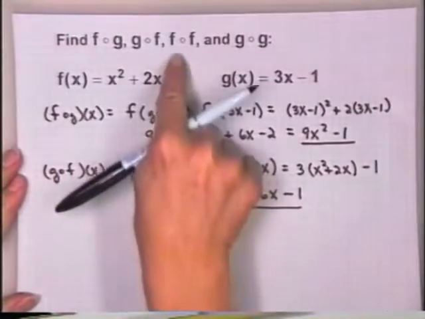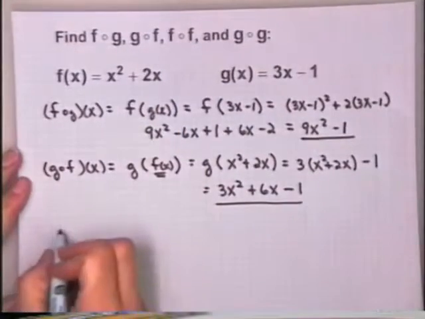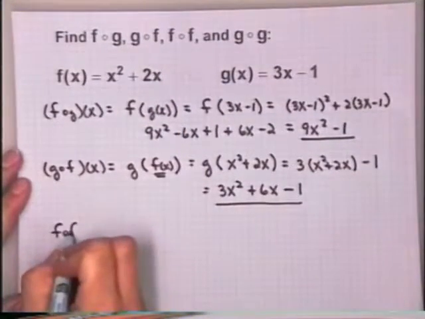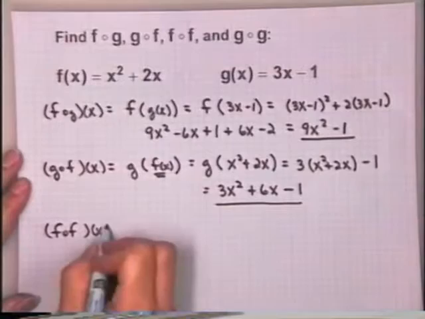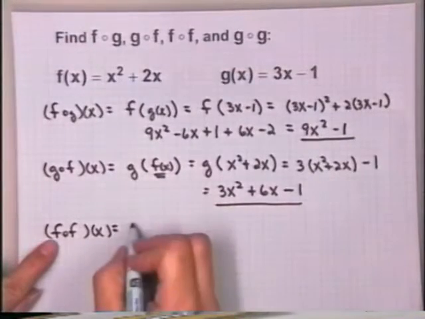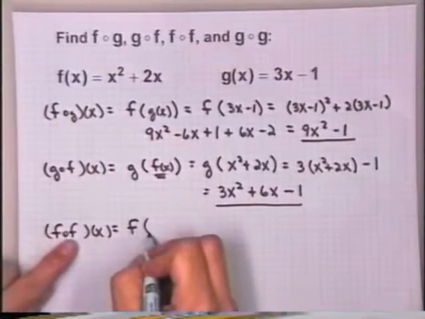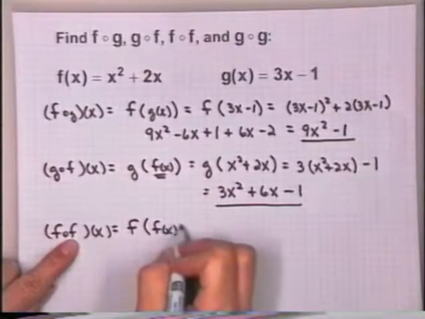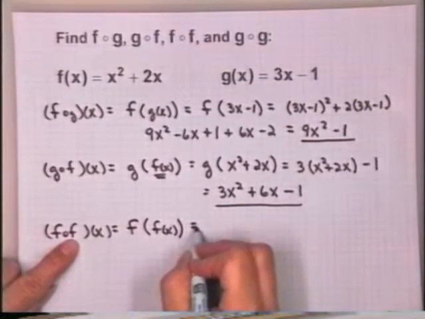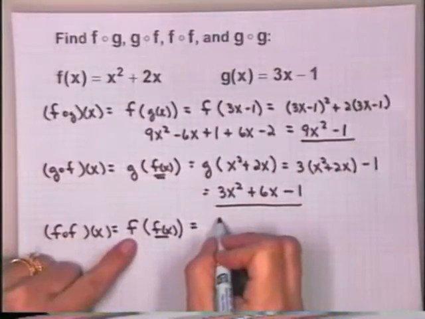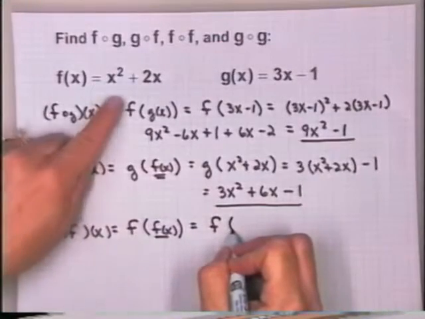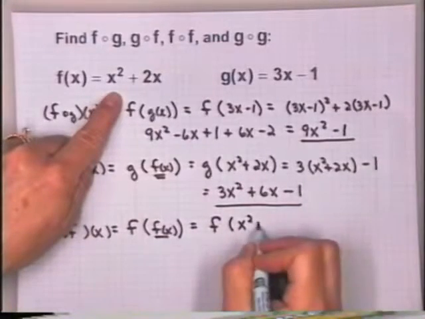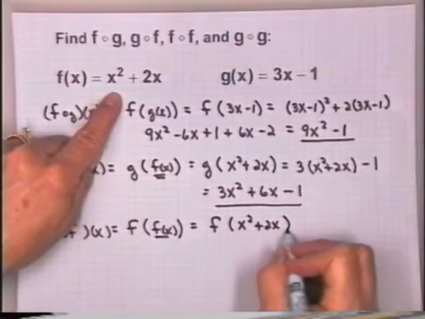Now, this asks us to find f circle f. You can do a composition of a function with itself if you want to. Now here, notice f is on the outside, but f is also on the inside, isn't it? Now we replace the inside first, so leave the f out here. f of x is x squared plus 2x, isn't it?